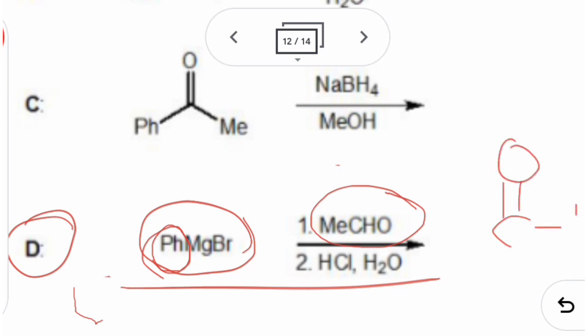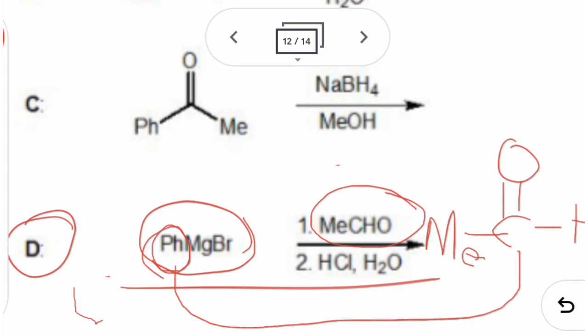Okay, you have hydrogen this side, then you have the methyl group Me. So when you add this Grignard reagent, this Ph from the Grignard reagent is going to add itself to the carbonyl carbon. Then this double bond here is going to break. It's going to be a single bond. Then the hydrogen atom is going to be added here. Okay. So this is going to give us our required product.